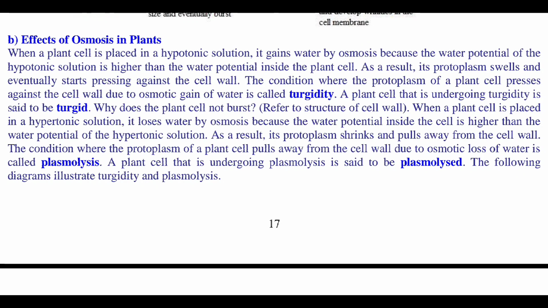Now, what do you call a condition where the protoplasm of a plant cell pulls away from the cell wall due to osmotic loss of water? I'm waiting. Correct. Plasmolysis. Okay? So a plant cell that has undergone plasmolysis is said to be plasmolysed.